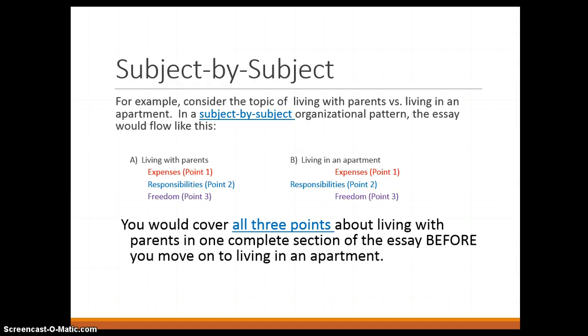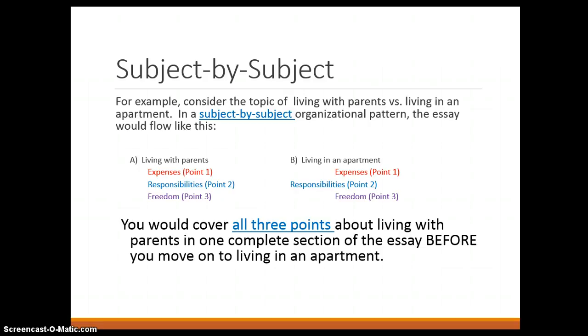So here, for example, if you look at this, in a subject by subject organizational pattern, the essay flows like this. So you're talking about living with your parents in one complete section. So if you look at A, living with parents, you talk about the expenses that are involved with that, or lack of expenses, responsibilities that are involved with that, or lack of responsibility, or freedom, or not freedom, however you're going to attack it.